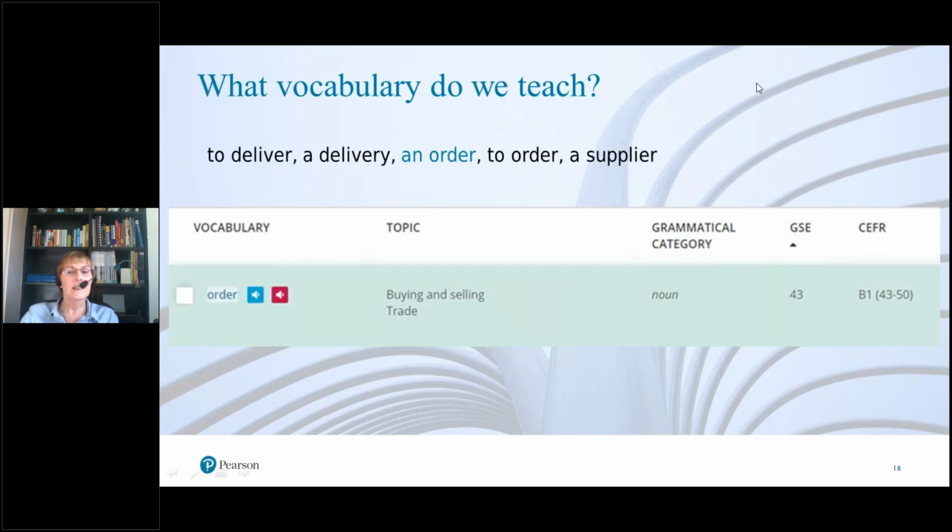As you can see here, this is rated as a B1, an intermediate level word. However, A2 elementary students need to know that word. Now, what I'd like you to do is think about the rest of this lexical set and what level you would give it, either on the Global Scale of English or in the Common European Framework for Languages. And I'll show you the answers in a moment.